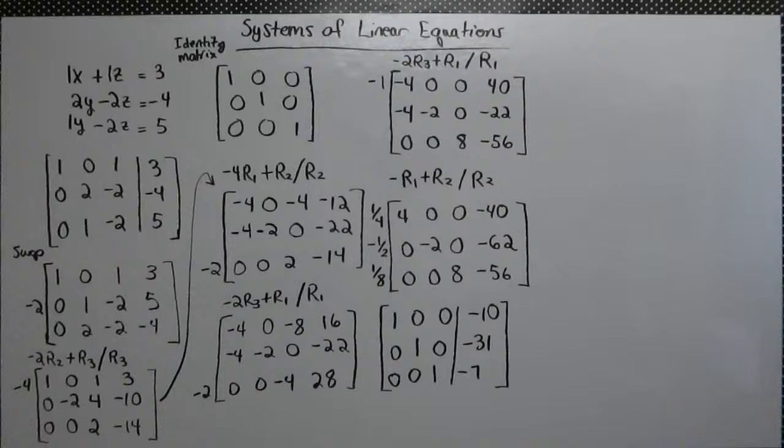It says x equals +10, y equals -9, and z equals -7. All right, so I have these two values wrong. I must have made a mistake in there somewhere.